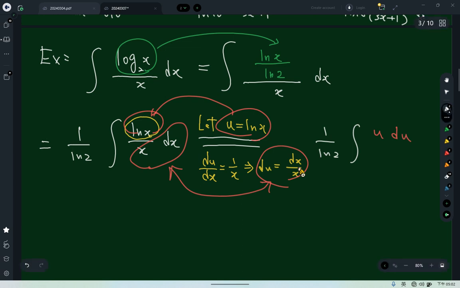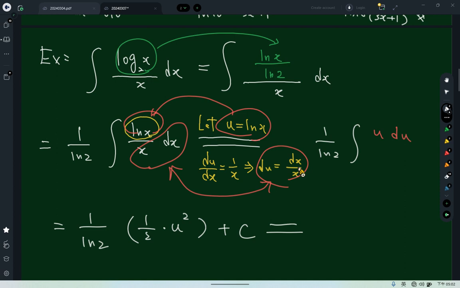It will be 1 over ln 2 times 1/2 u squared. Yes, correct. Plus c, right? Then remember, u is ln x, right? So finally the answer will be 1 over 2 ln 2 times (ln x) squared plus c.